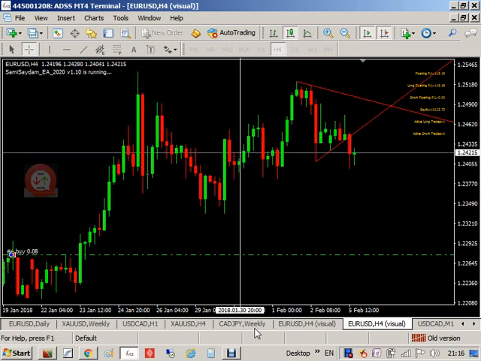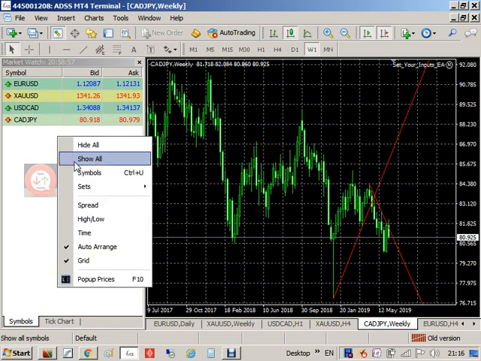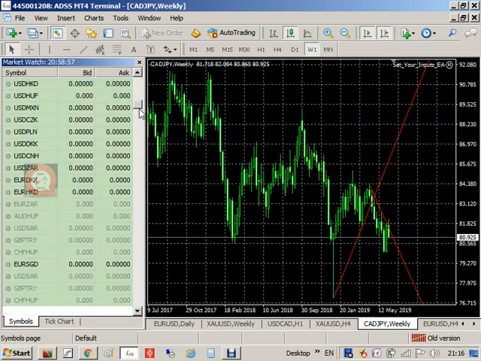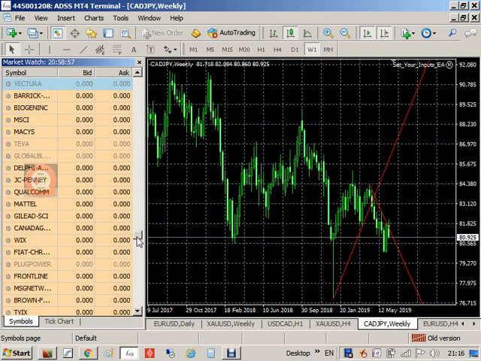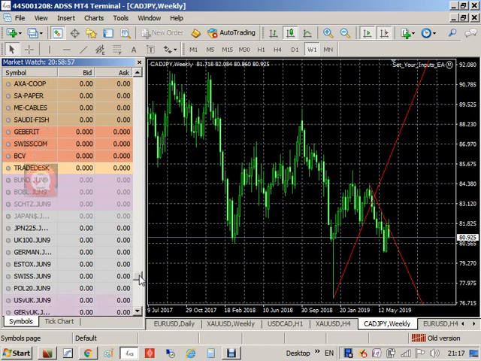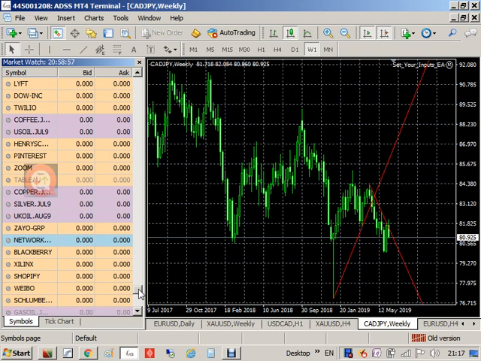If we go to, for example, the stocks, for people who are interested in stocks, let's go for Dow Jones. Okay, the Dow Jones, somewhere here we can pick it up, or the Nasdaq, or even the oil.